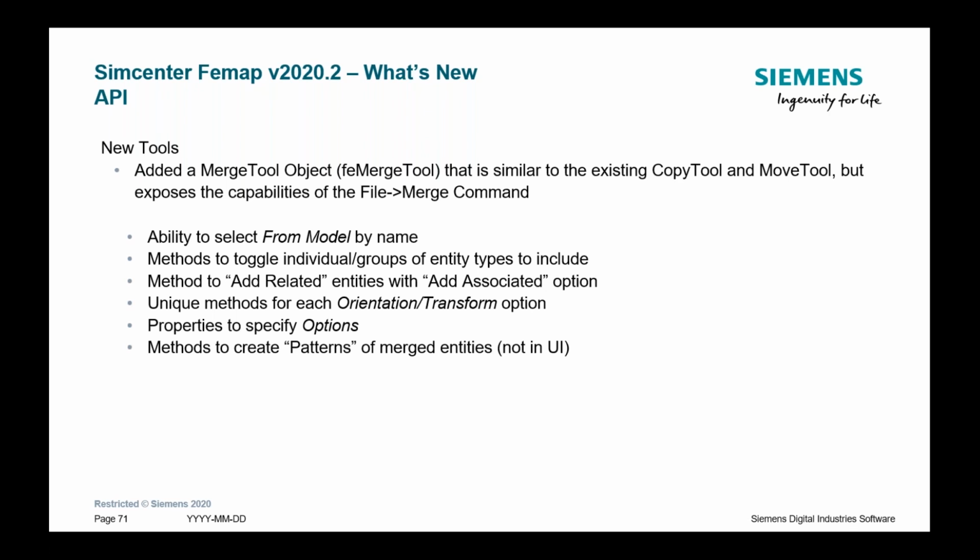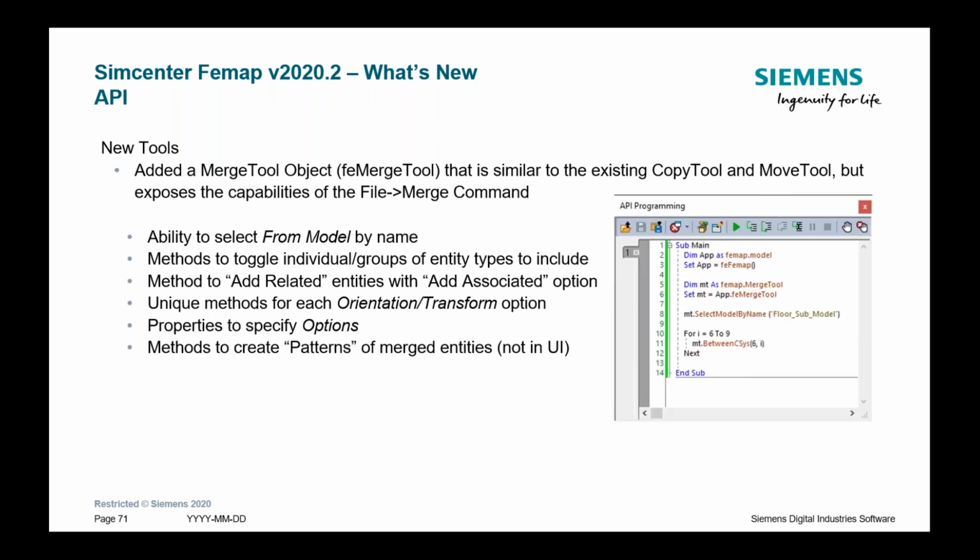Basically, you have the ability to select the from model by name, toggle individual entity types or groups of entity types on and off, do add related, add associated, do your orientation and transformation options, other options, and then something that's actually not in the user interface, the ability to make patterns of merged entities. It's that simple, just to import the same thing three or four different times in different positions.